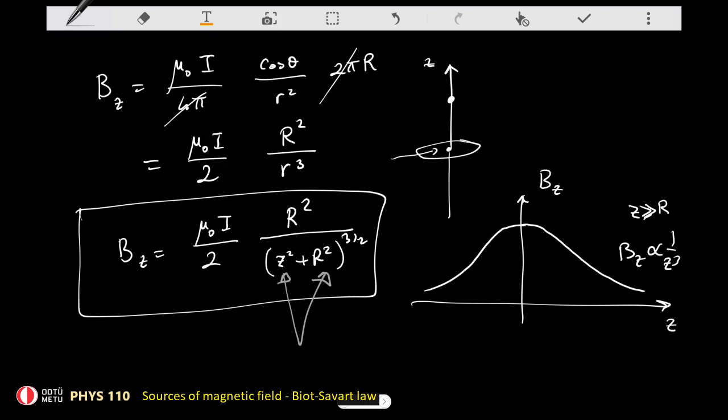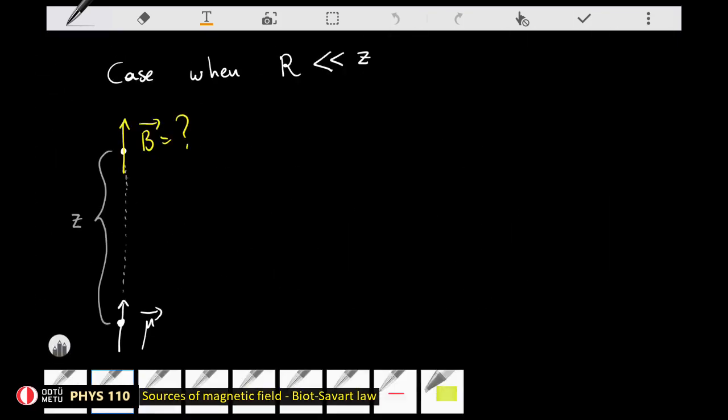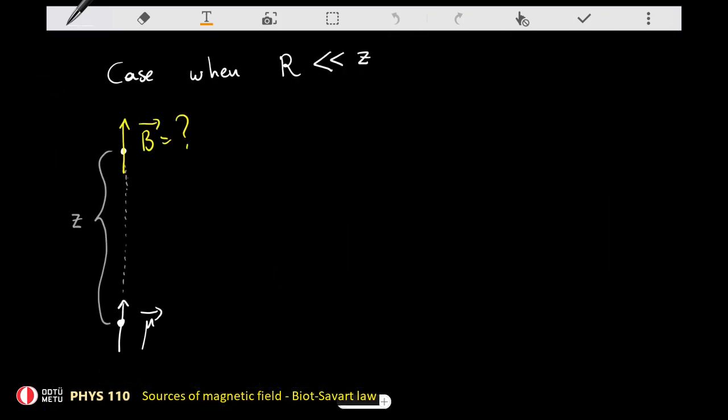Right? That's the only thing that I'm going to do. So as a result, we will say that the magnetic field is therefore approximately equal to mu 0 I divided by 2, r squared divided by z cubed, right? So that's the approximate expression that we are going to write down.